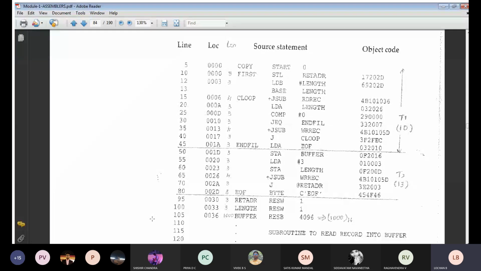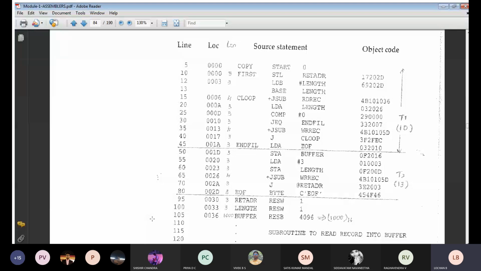So what is my next instruction? My next instruction is first STL return address. I'll take that as your base and as your starting address, 0000. If you see the next instruction, you will get LDB hash length, which is a format 3. I told you how to identify format 4: if you get the plus symbol, we take that as format 4.